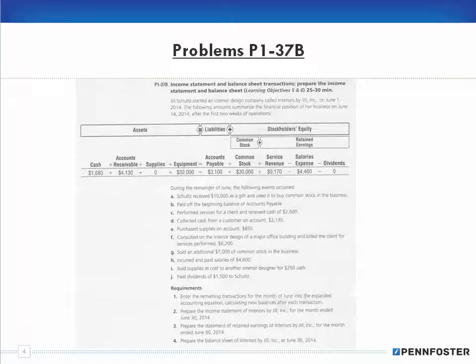Okay, so it says enter the remaining transactions for the month of June into the expanded accounting equation, calculating new balances after each transaction. So let me go down to the next slide here, and I'm going to set this up.